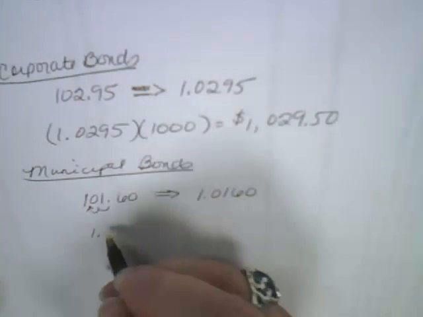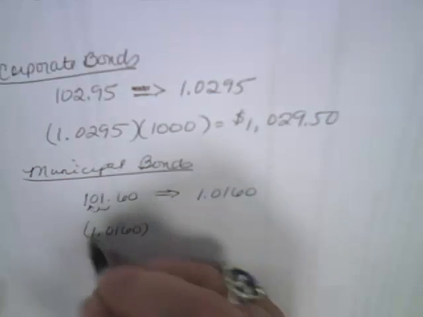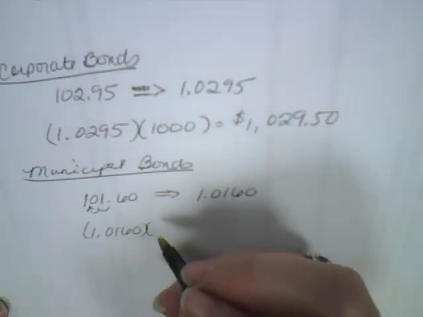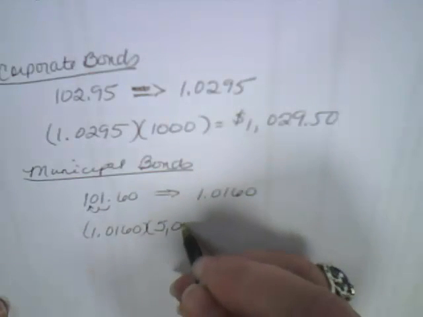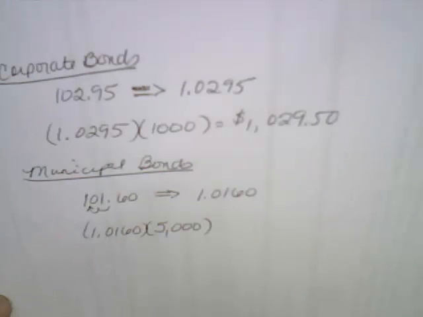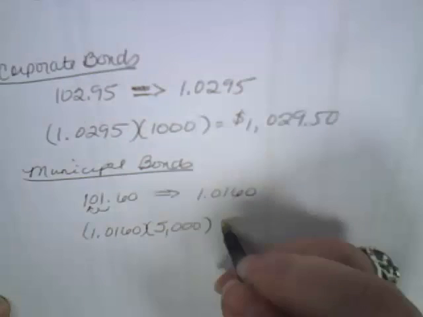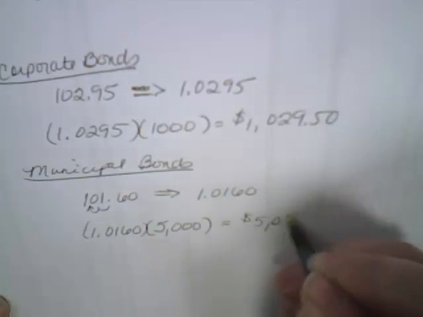I'm going to take that 1.0160 and multiply it by the par value of the bond, and in the case of the municipal bond, it's $5,000. So if we take 1.0160 multiplied by 5,000, we get an amount of $5,080.